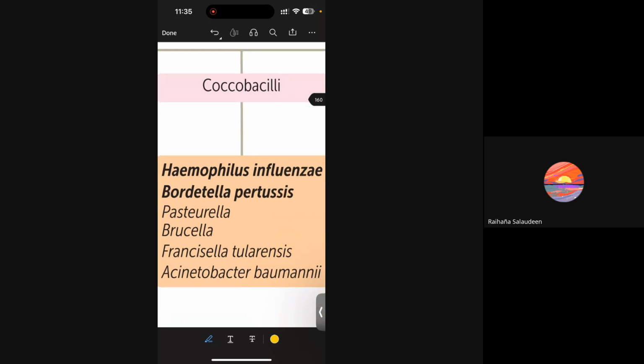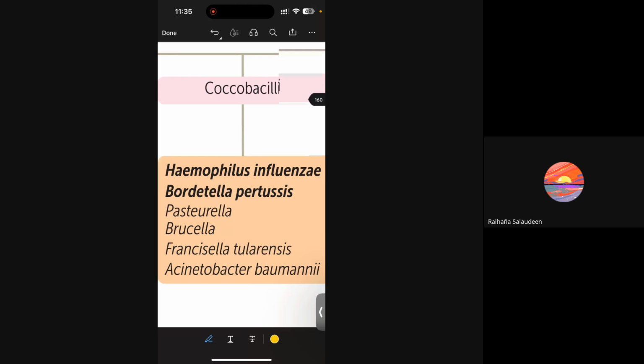So these are the cocobacilli: Haemophilus influenzae, Bordetella pertussis, and Pasteurella and Brucella. And the question tells us that the agar used contains hematin plus NAD plus. The infections are septic arthritis and otitis media, right?